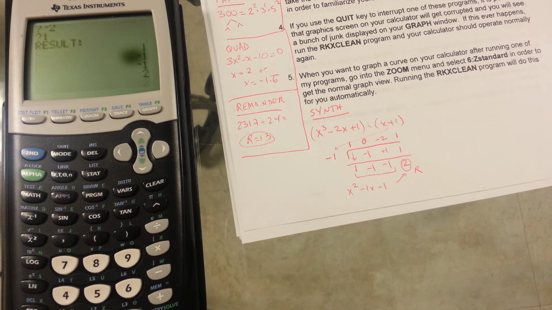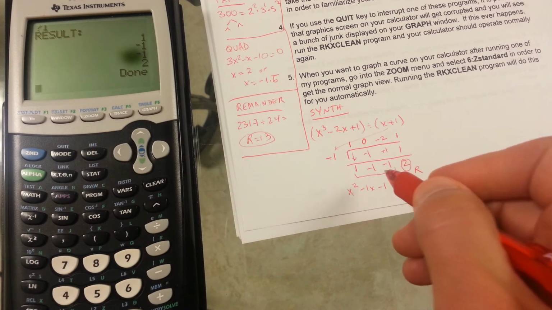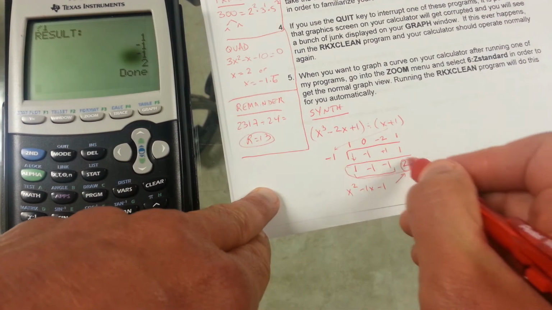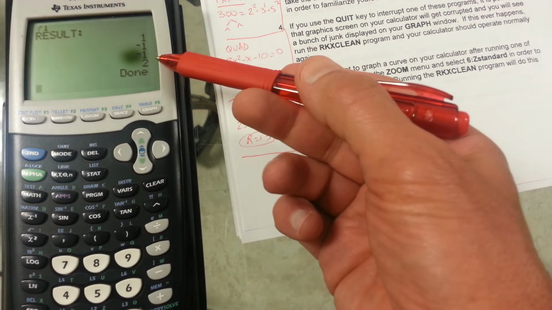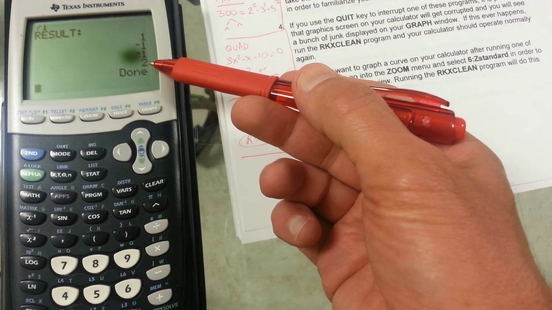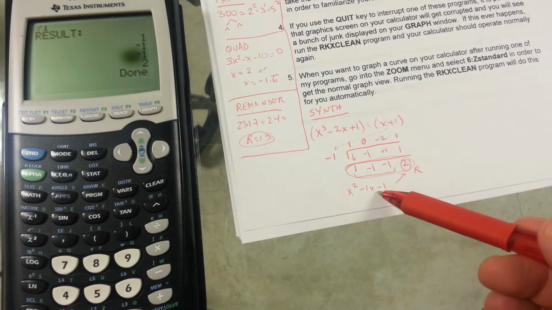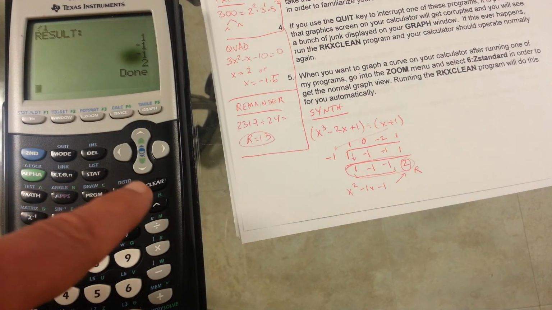So you get these four numbers, 1, negative 1, negative 1, and 2, which are the four numbers that we generated down here by hand. So that's how this program works. The last number is always your remainder, which is 2 over here. And the rest of those numbers are the coefficients of your quotient or your answer. All right. So hit the clear button.